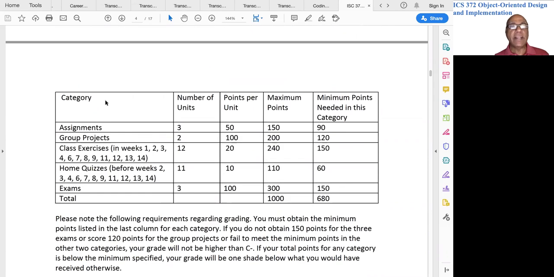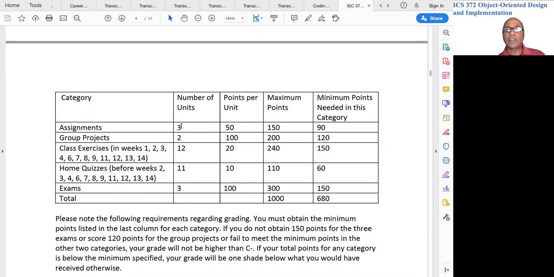The grade for the course will be based on all these categories: assignments, group projects, class exercises, home quizzes and exams.